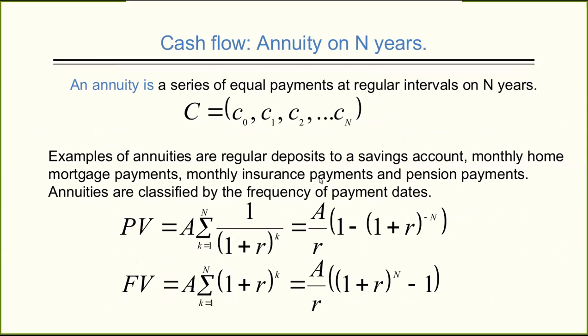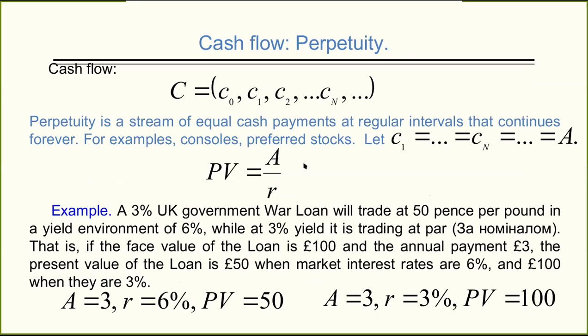It's very easy, but I don't write it, but I can explain. You have a present value PV.